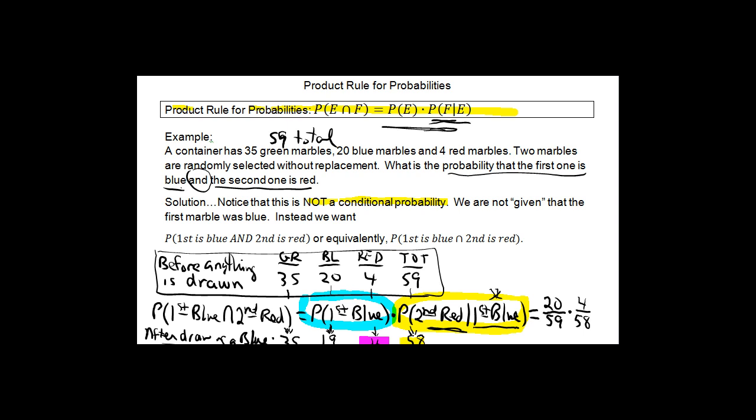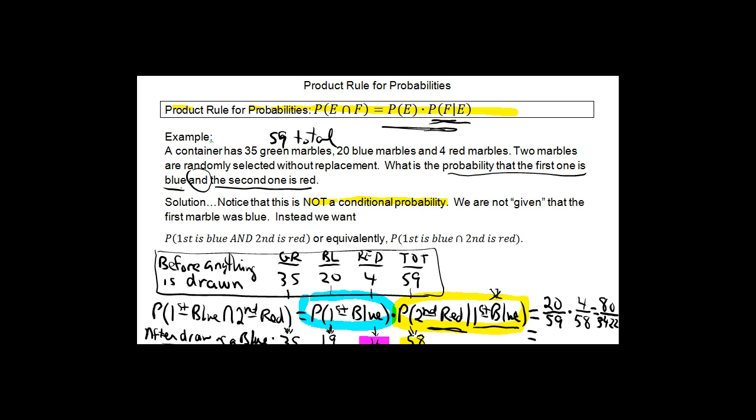But actually, they want the probability written as a decimal to 2 decimal places anyway, so you really don't have to worry about that. So you can just write that as 20 times 4, which is 80, over 59 times 58, 3,422, and then divide and leave it written as a decimal to 2 decimal places.